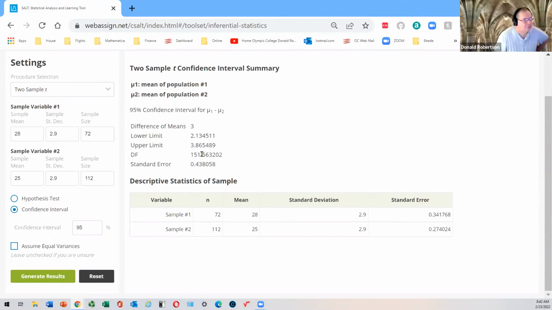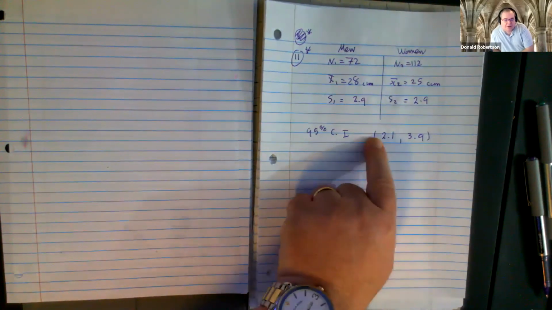So we're done. Let's have a look at that data and see if there are any conclusions. Is this interval statistically significant that men's feet are bigger than women's? Great. If you wanted to be more specific, aren't men's feet on average about 2 inches bigger than women's?